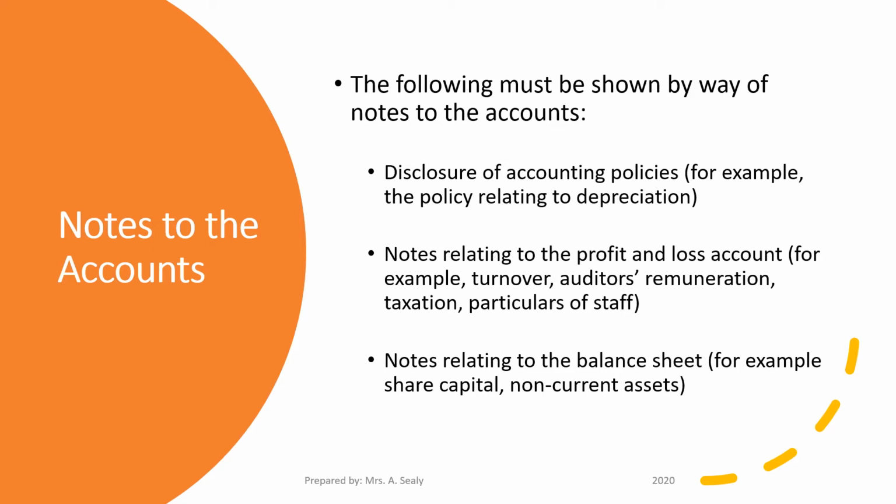And when we talk about particulars of staff, what we are referring to is things like the average number of persons employed by the company in that particular financial year. So those are notes that are usually disclosed in the financial statements.